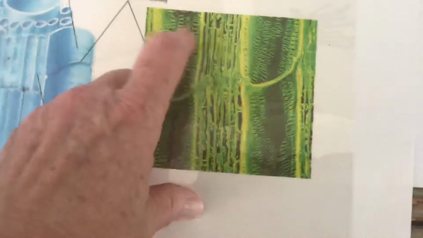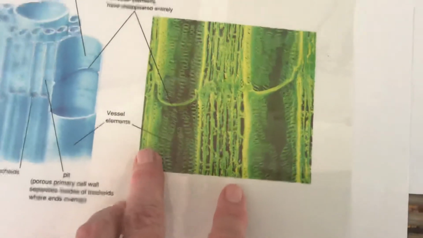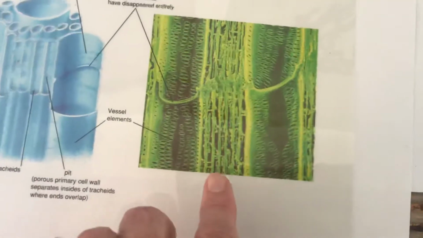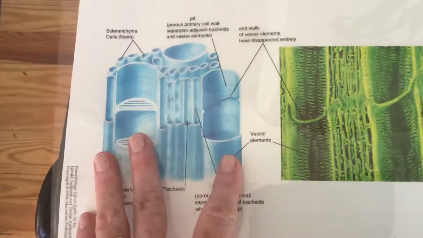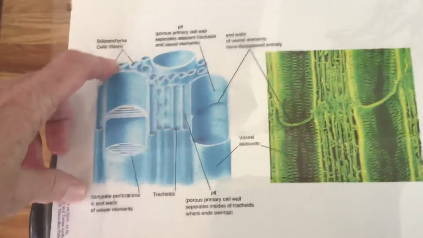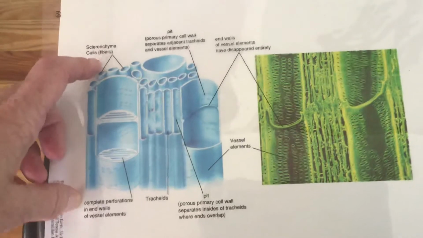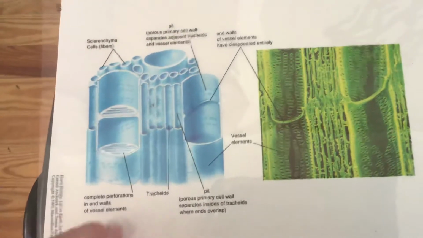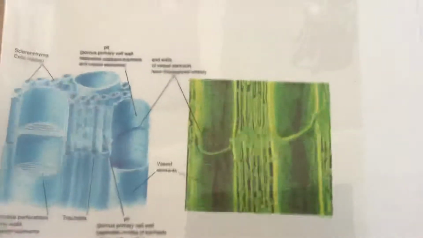So you can see there's a lot of pits on the side, which are kind of hard to draw, and the tracheas, you can see how narrow they are. And as they exist all together, you can maybe see where there might be sclerenchyma, which is really supportive cells, and then also perhaps parenchyma in there, replacing anything that actually dies off, okay?